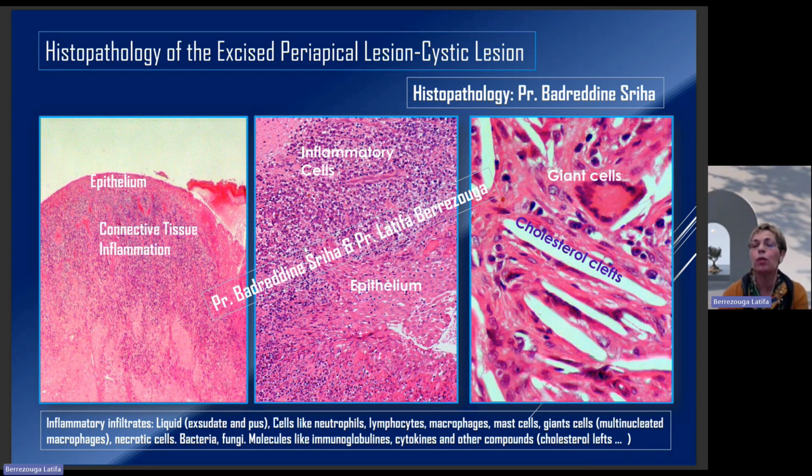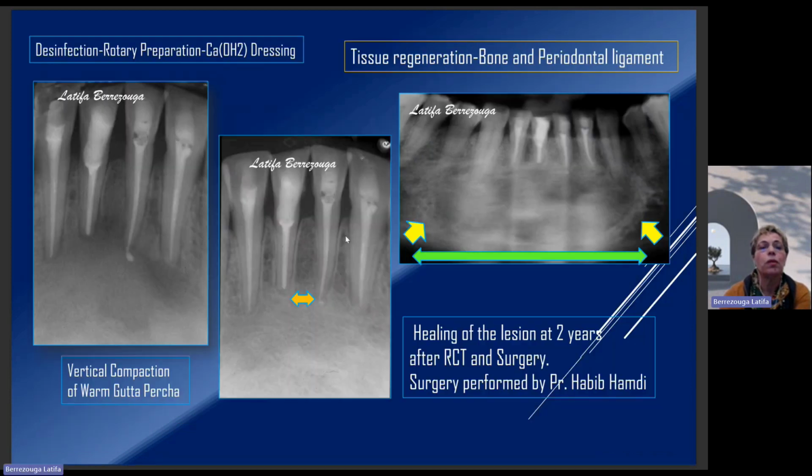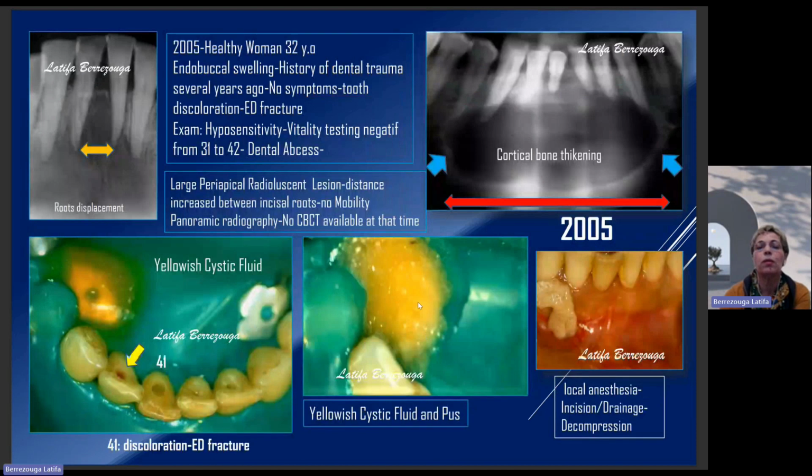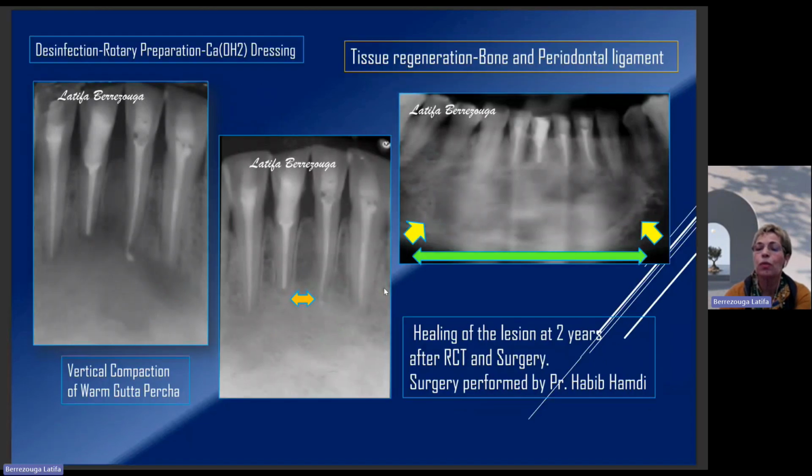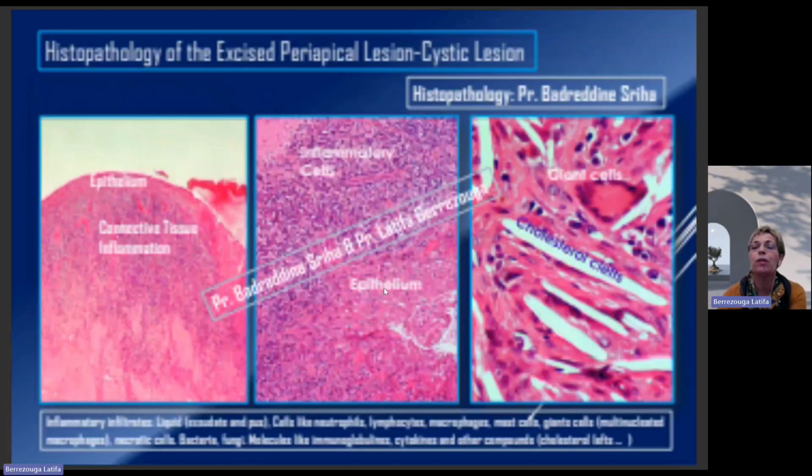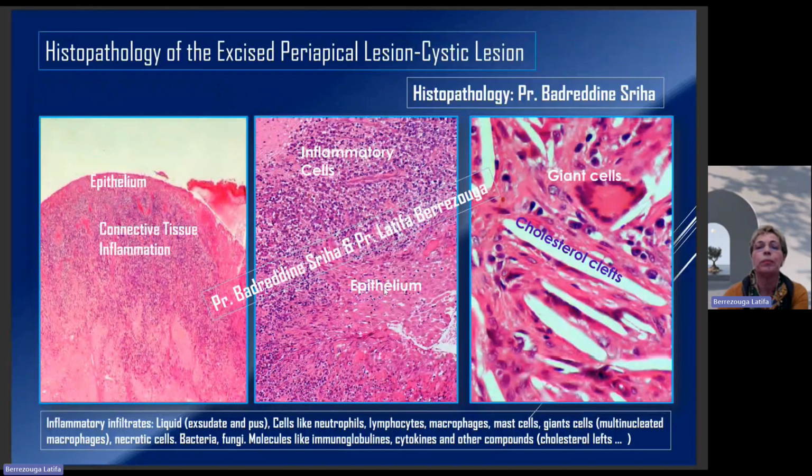So we have proliferation of the epithelium. But in the granuloma, we have no cavity, no liquids, none of this yellowish fluid and these parts with crystals. In the granuloma, we have a solid tissue with no cavity with fluid, okay?